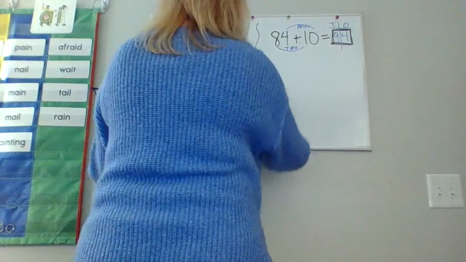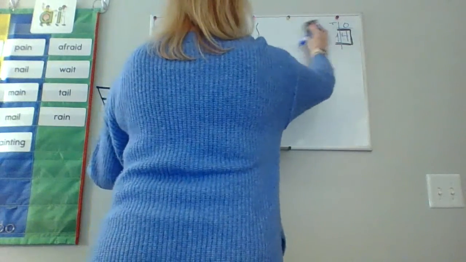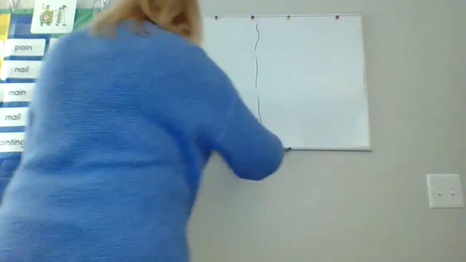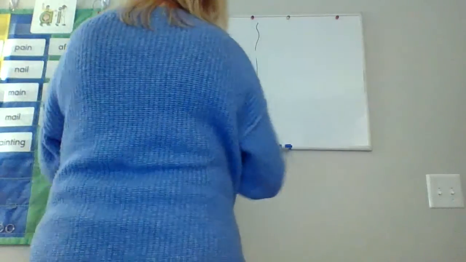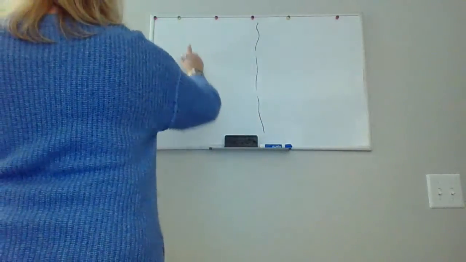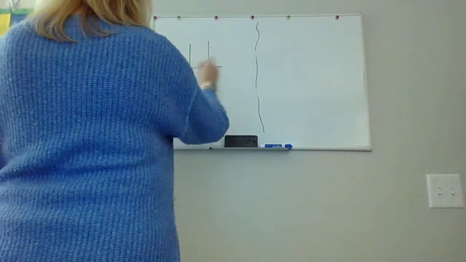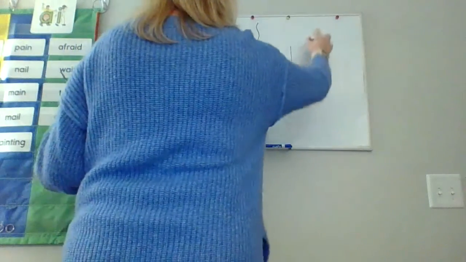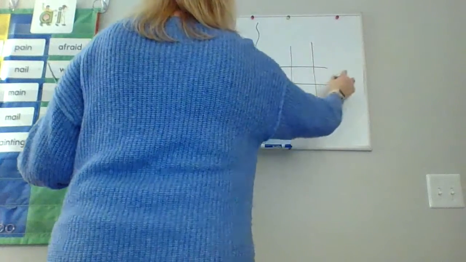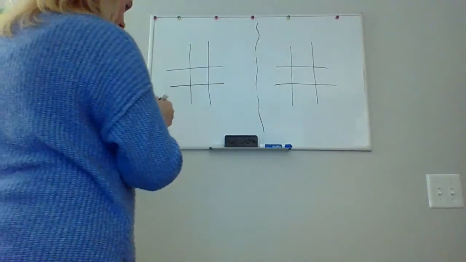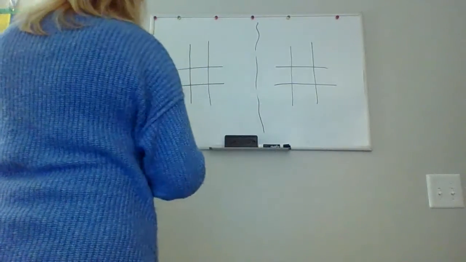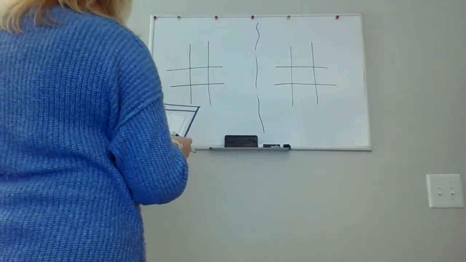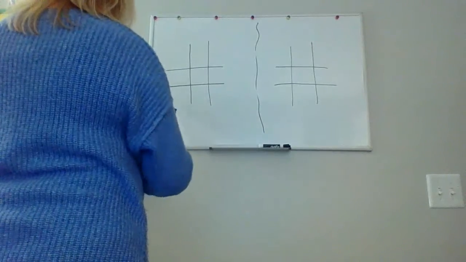Or another two, I should say, because I'm going to make you do 2. Okay, I want you to draw a tic-tac-toe board. You know a tic-tac-toe board, X's and O's. We're not going to play tic-tac-toe. We're going to solve numbers with tic-tac-toe.